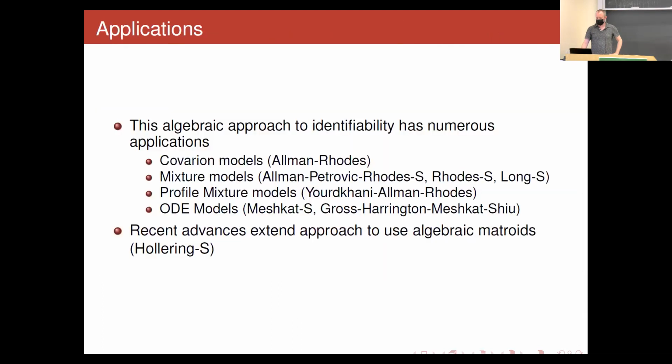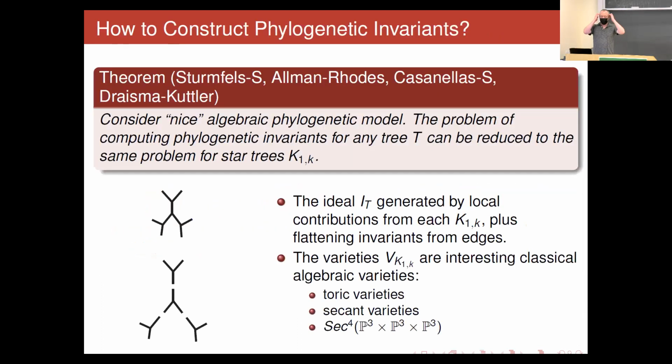Okay, let me dive in now to the algebraic geometry side here. The basic question on the algebraic geometry side is to, again, characterize what these equations are and try to understand what these varieties actually look like.